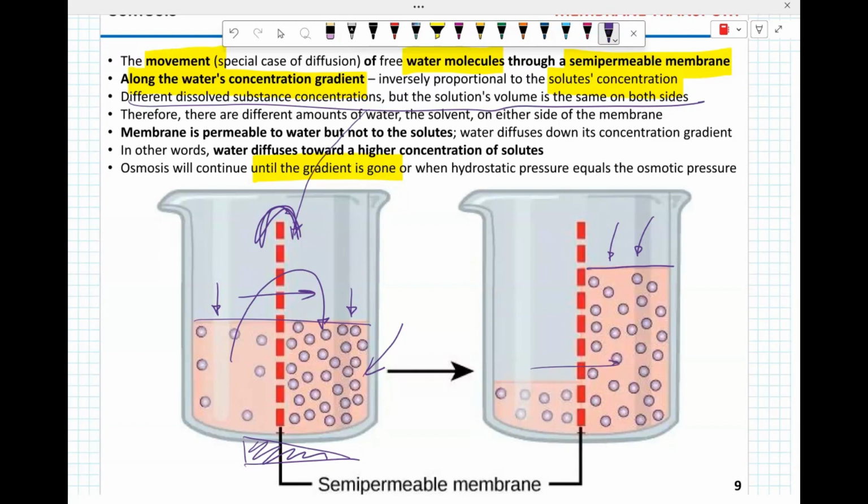In other words, when hydrostatic pressure of the solution on the right equals the osmotic pressure generated by the flow of water, we can represent it using arrows. So the arrow from left to right represents osmotic pressure, while the arrow from right to left represents hydrostatic pressure.